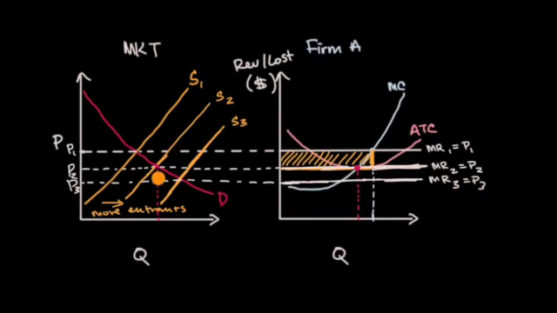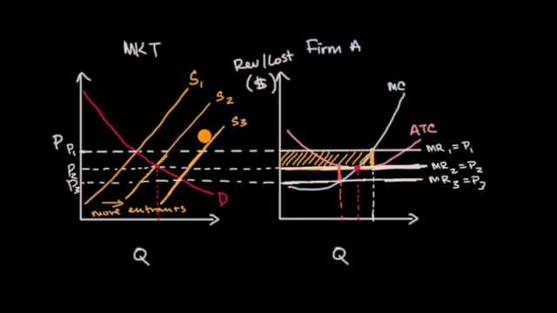Well, if too many entrants joined into that market, now firm A has a more difficult scenario. They would produce at this quantity, we've talked about many times already, but at that quantity, each unit, their average total cost is higher than the revenue they're getting. So they're going to be running at an economic loss in the short run. But what would happen in the long run? Well, firm A in the long run would probably exit the market, and other firms running an economic loss would exit the market.